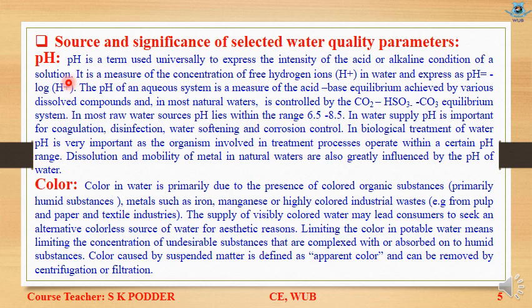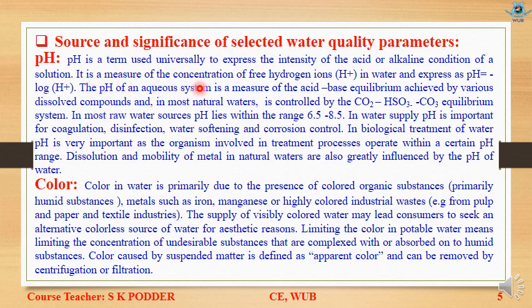If you measure the pH of this type of water or solution, you can easily find out the value of pH, and you can indicate the acidity or alkalinity of that type of solution.